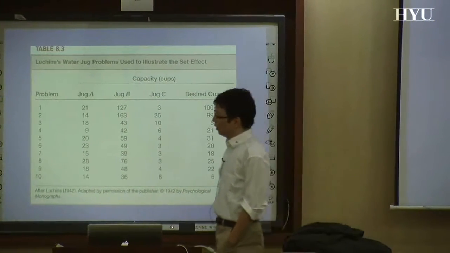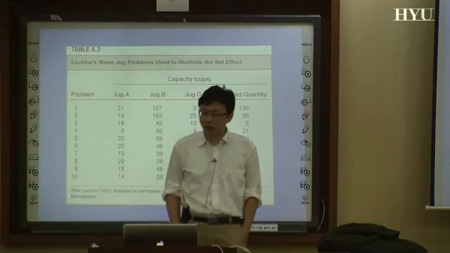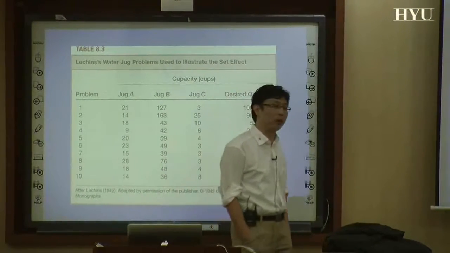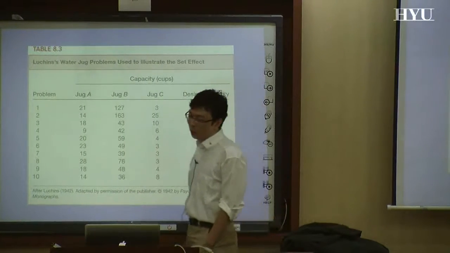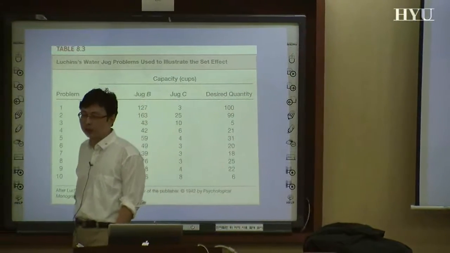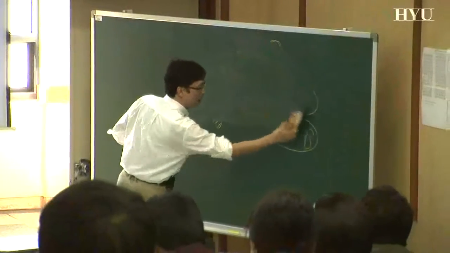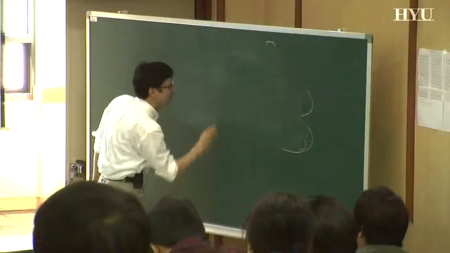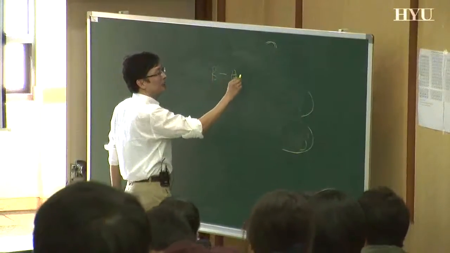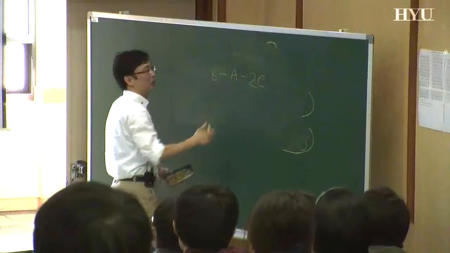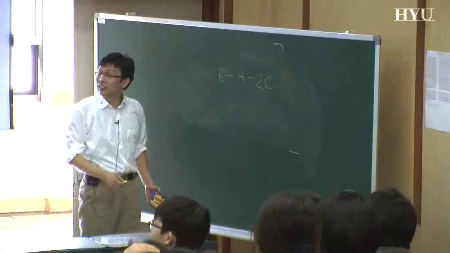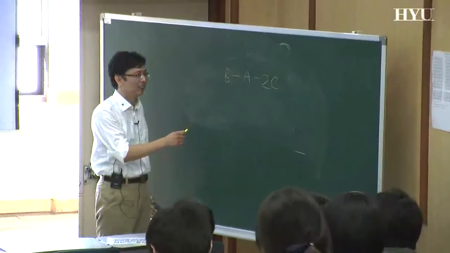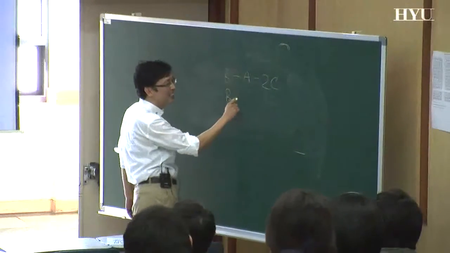Okay, problem number 1 to number 10, except number 8, you can find one solution. What is it? B minus A minus 2C. Okay. B minus 9C?